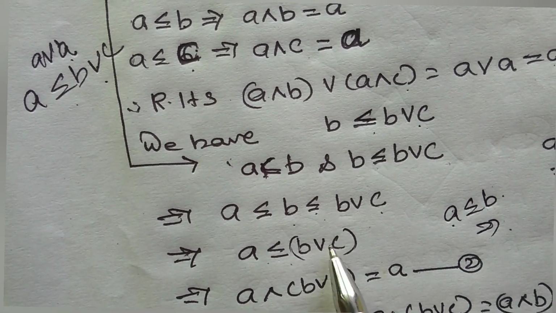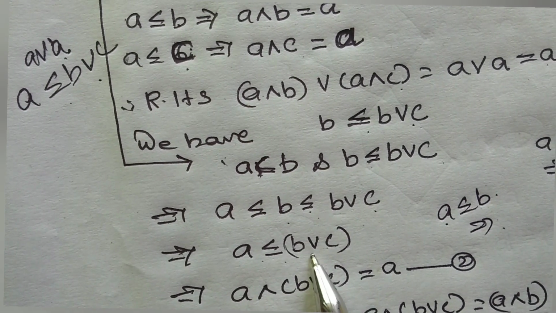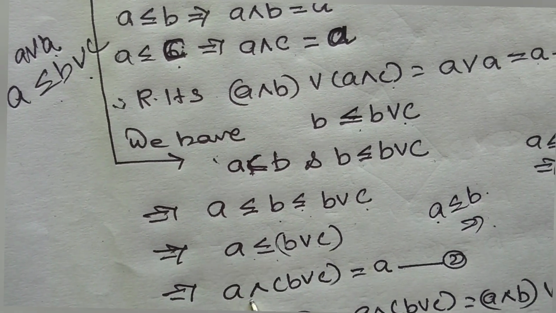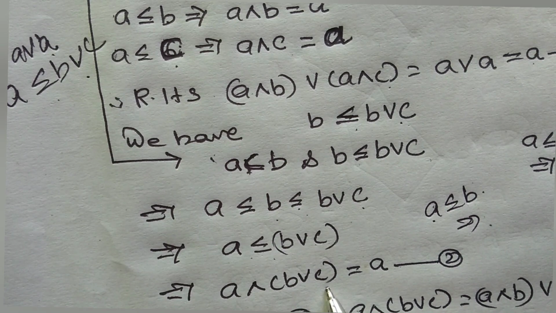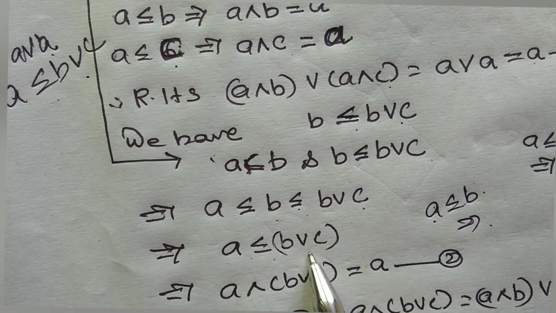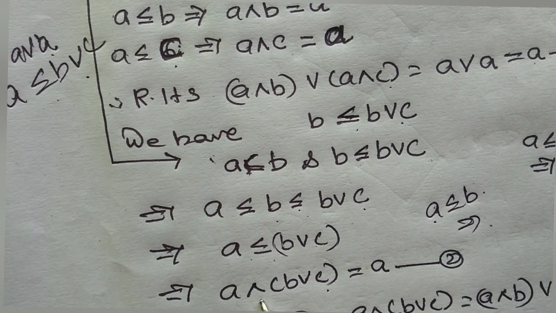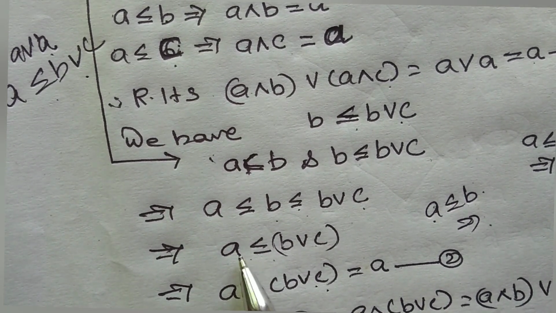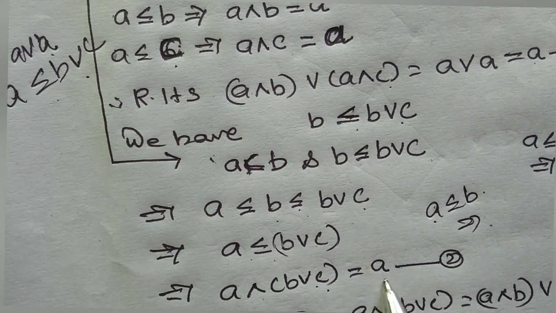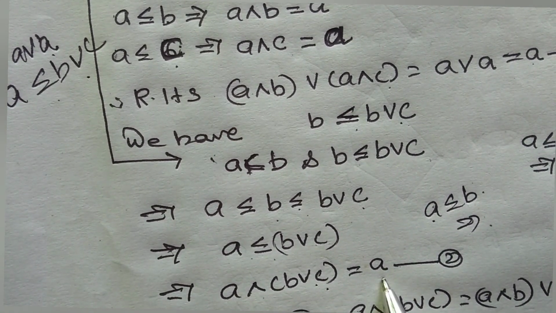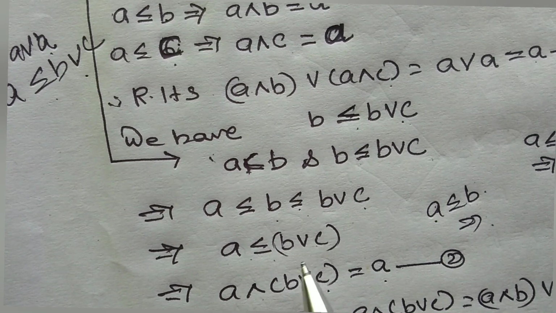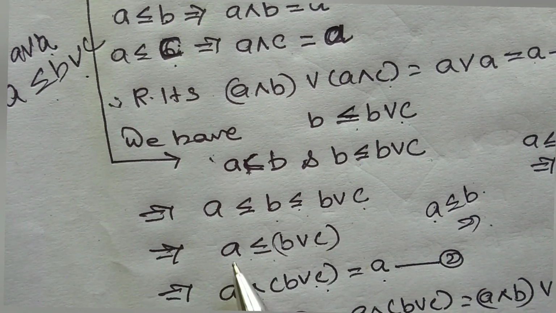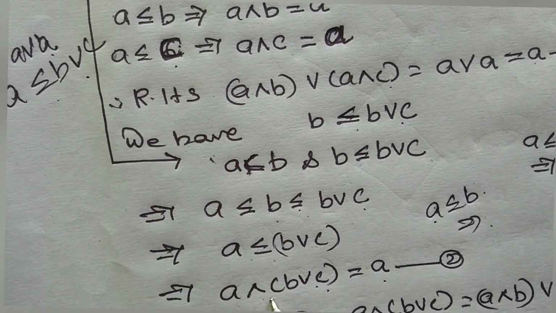So here the bigger value is B or C. We take A and B or C, AND means we take the least value. So the least value of these two is this only. So the answer is equal to A. So every time we use the condition for AND, we use the least value. So here A and B or C is equal to A.